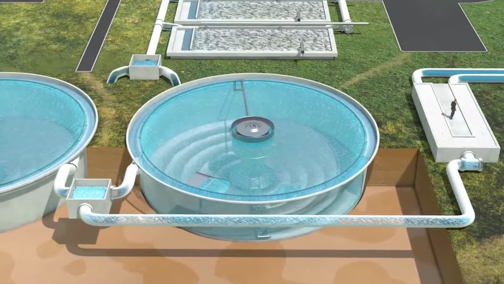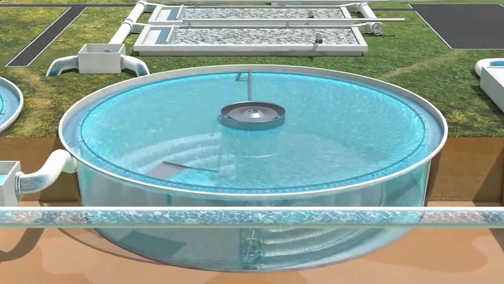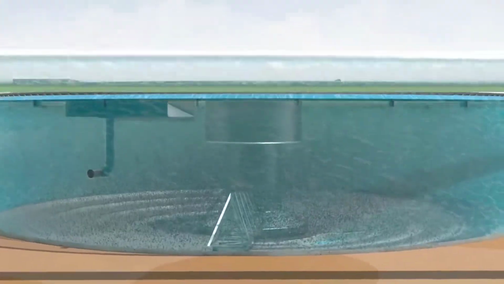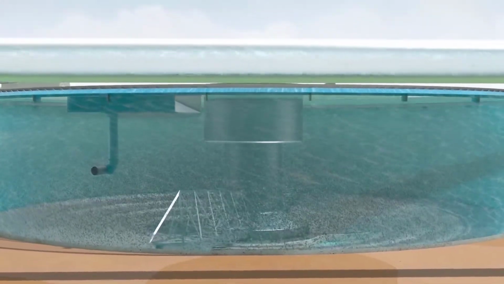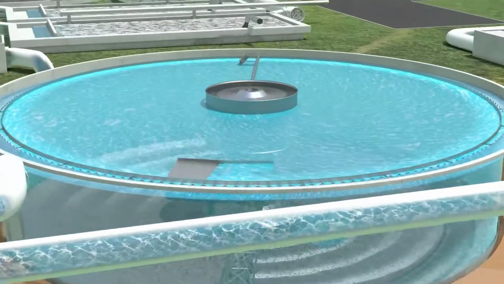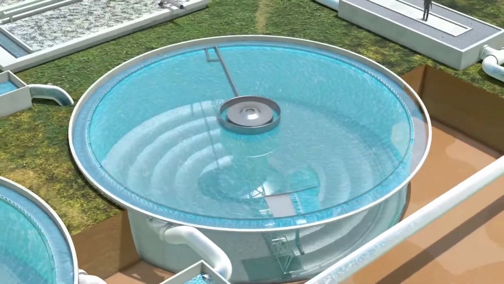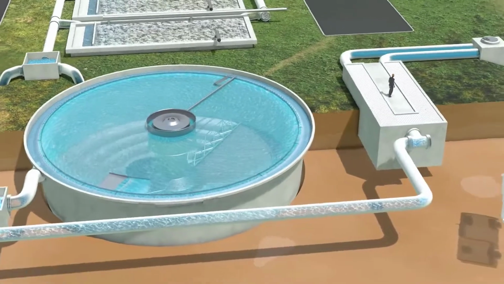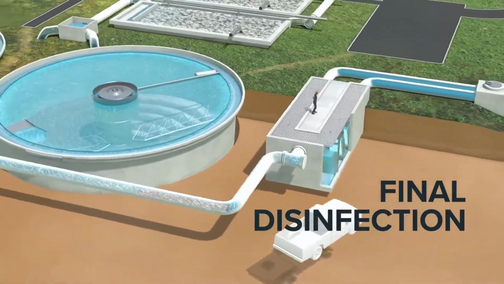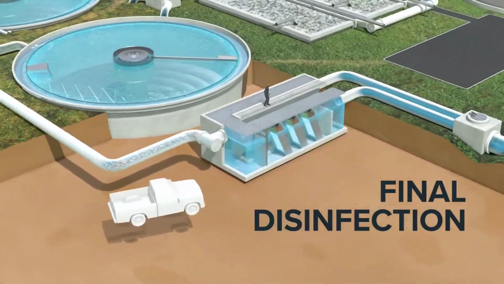Here, the floc sinks to the bottom of the tank. Some of this settled floc is collected for reuse in the aeration process, as the helpful organisms are still active. Processed water flows over the edge of the tank, en route to final disinfection in a UV light exposure tank.